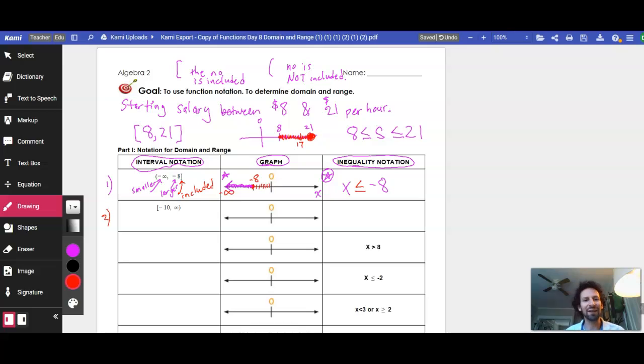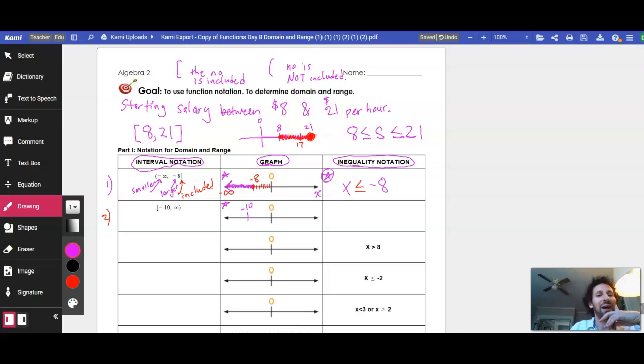All right, welcome back. Let's take a look at the second one here. In interval notation, we say the interval goes from negative 10 to infinity. So interval notation is given to us. Let's see about solving this problem. Again, we're going from negative 10, so we count 10 units to the left of 0 because it's negative, starting at negative 10.